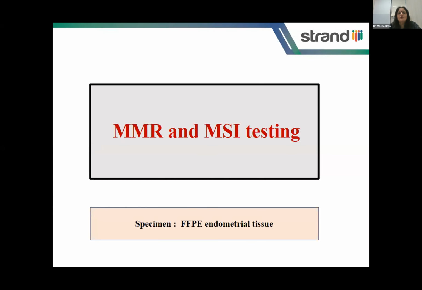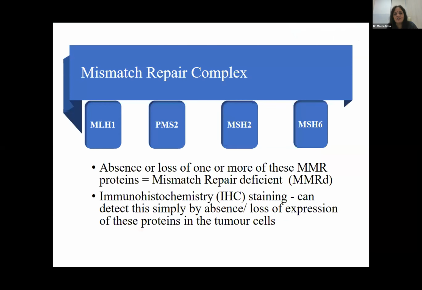Now, coming to the MMR and MSI testing, we basically need tissue. That is the material which is required. So formalin fixed paraffin embedded tissue is the one, whether it is biopsy or hysterectomy. These are the 4 genes: MLH1, PMS2, MSH2, and MSH6.